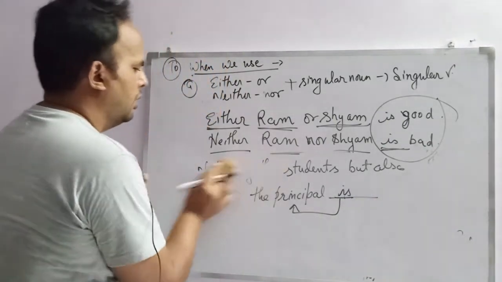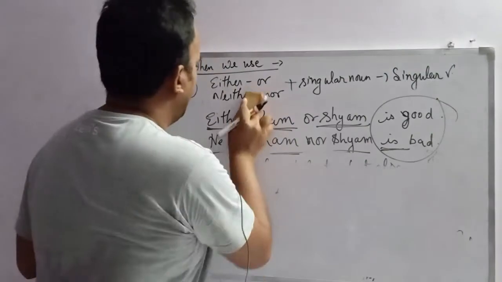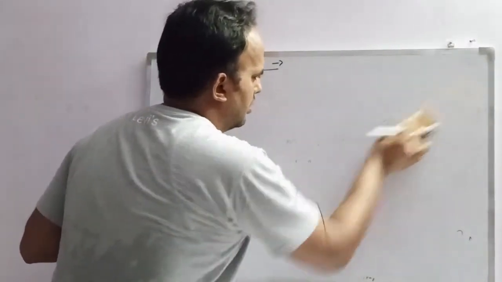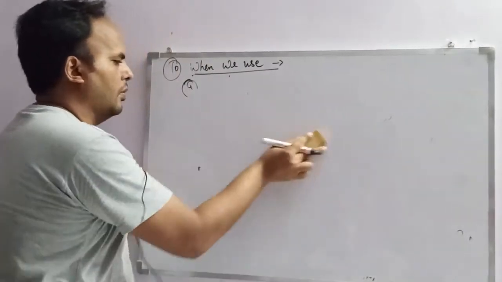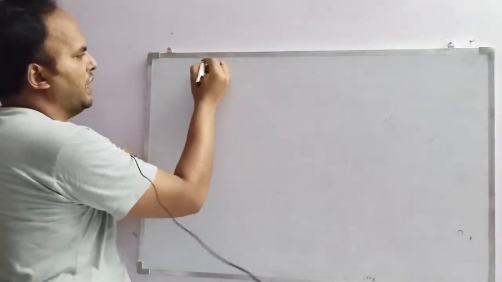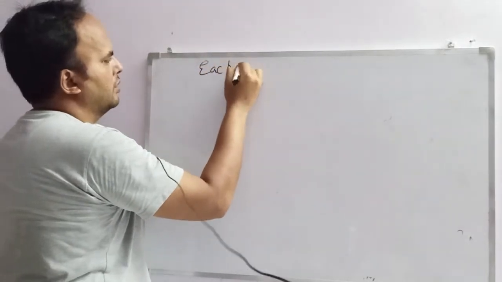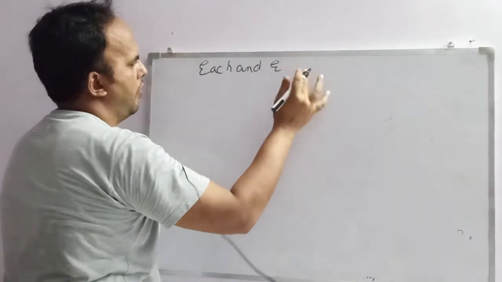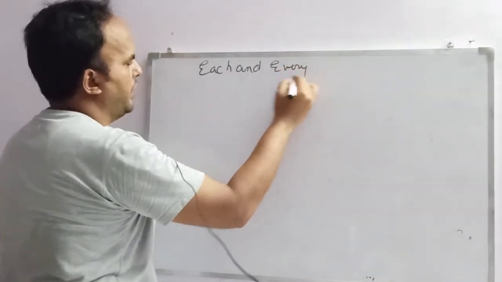Now, we are going to rule number 11, which says the use of each and every.